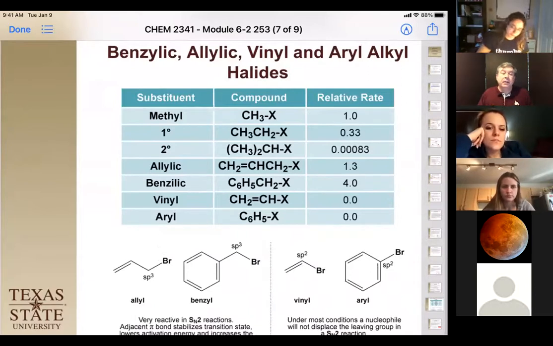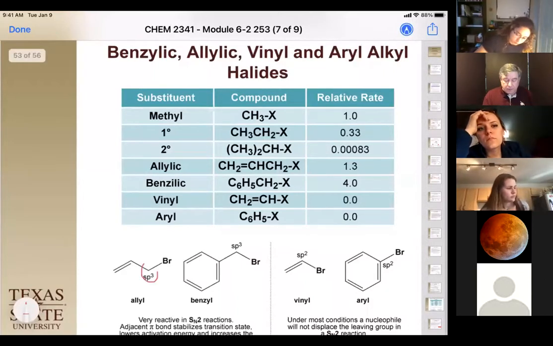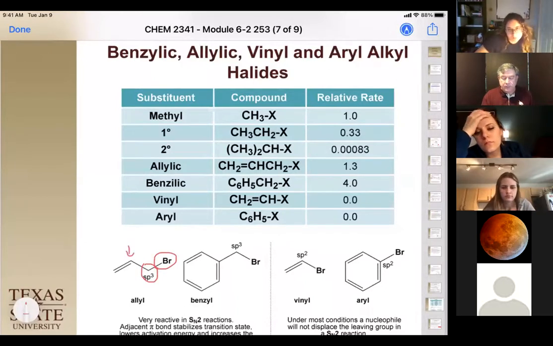So now the last thing we want to talk about is the idea that we can have these substitutions at carbons that are adjacent to an sp2 hybridized carbon. So when we have them adjacent to an sp2 carbon, we still have an sp3 carbon with a halogen, or a leaving group, on it, and we have it adjacent here to an sp2 hybridized carbon.